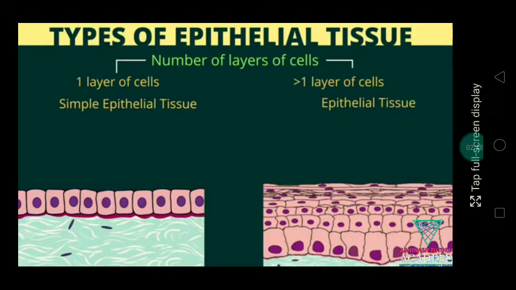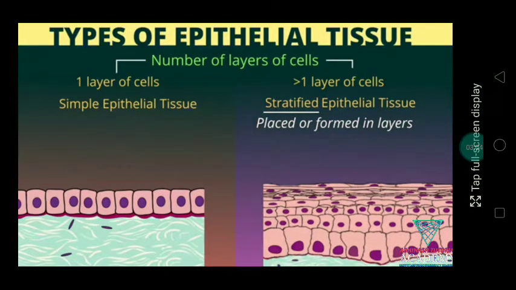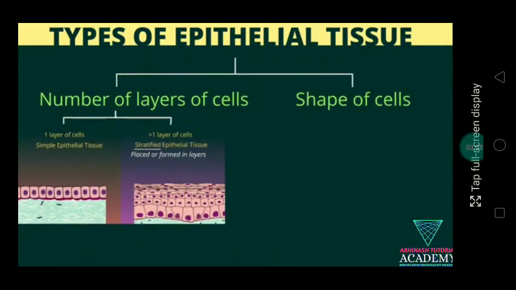But no, it's called stratified epithelial tissue. Here the word stratify means to be placed or formed in layers. So is it easy? A single layer means simple epithelial tissue, whereas many layers of cells is a stratified epithelial tissue.